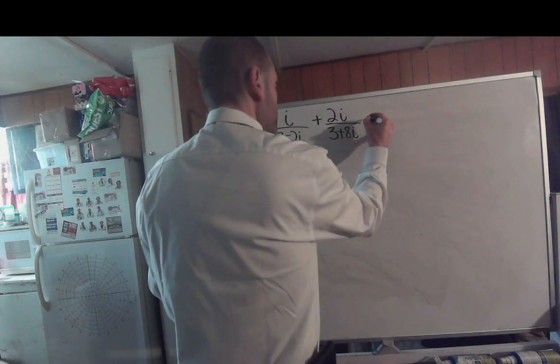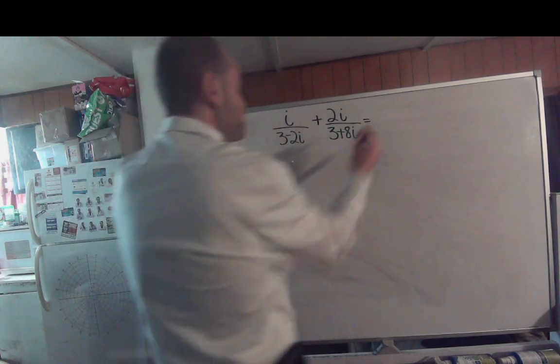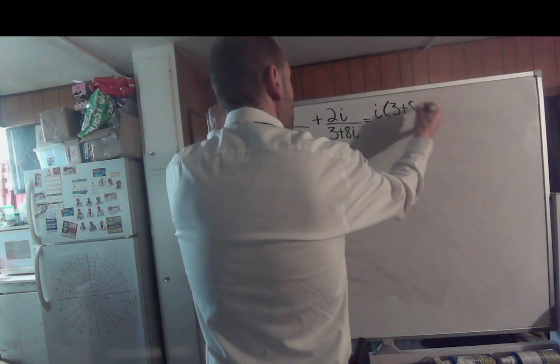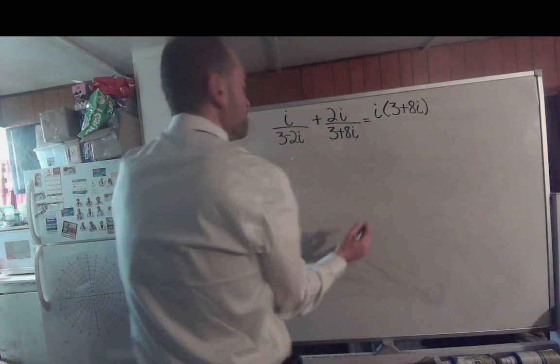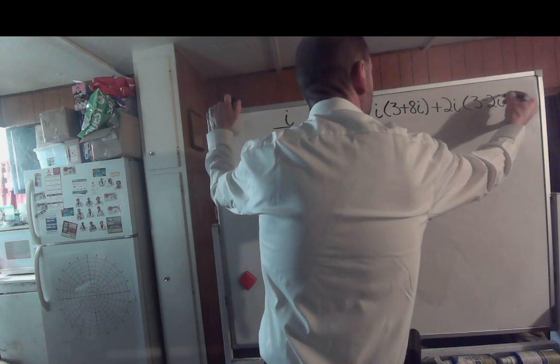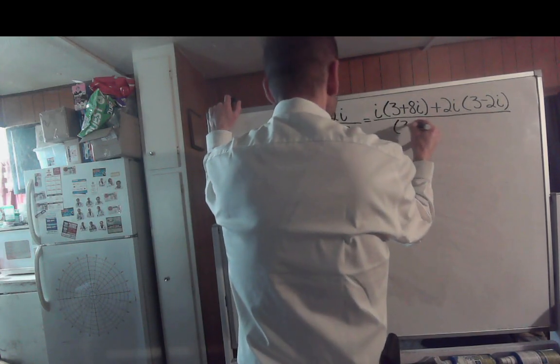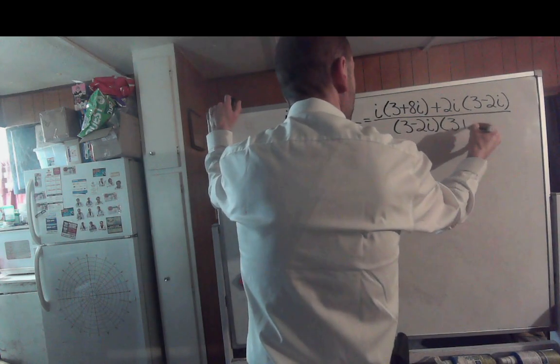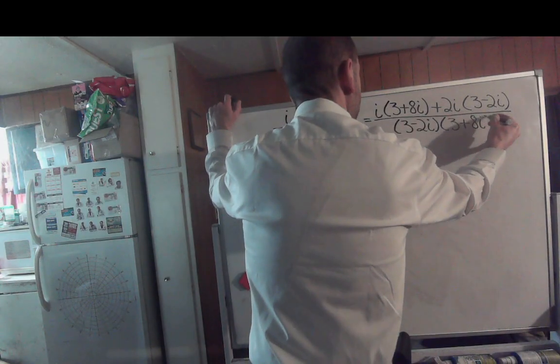So this is going to end up turning into i times 3 plus 8i plus 2i times 3 minus 2i all over the quantity of 3 minus 2i times the quantity of 3 plus 8i. Yep, we're in for a real doozy.